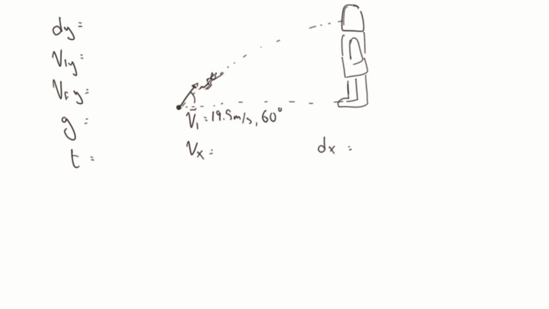What we're interested in is how high up Wolverine hits. So he is going to end up higher than he started. And we're going to call that dy. And that is our unknown. But we're also given the distance he is from the Sentinel. And that distance is 15 meters.